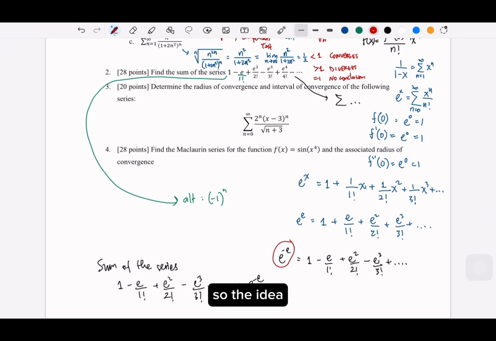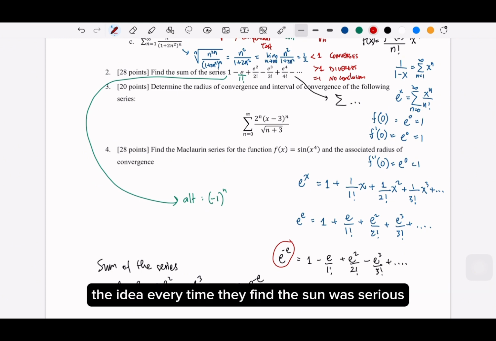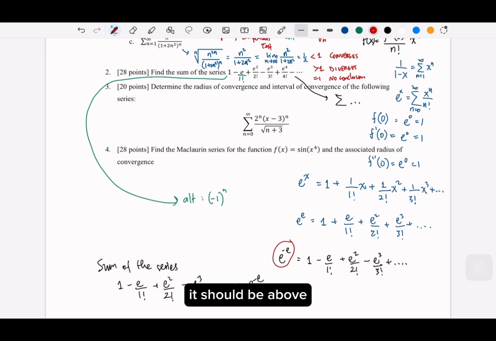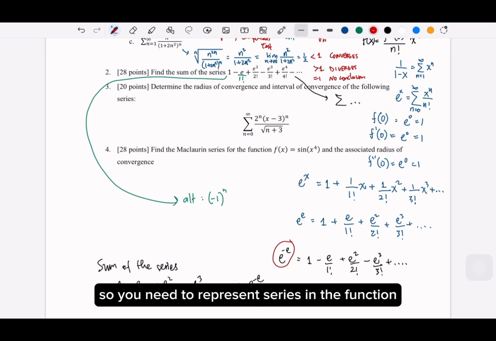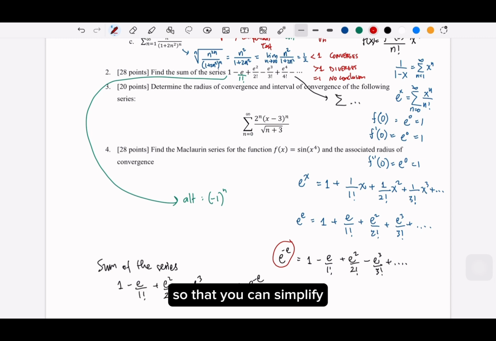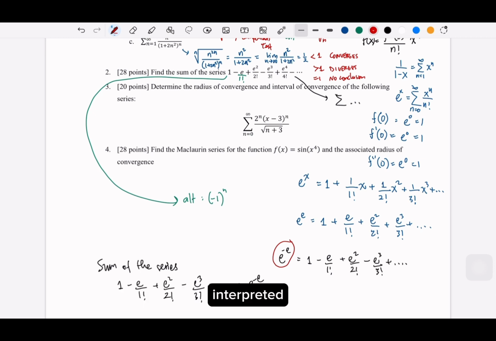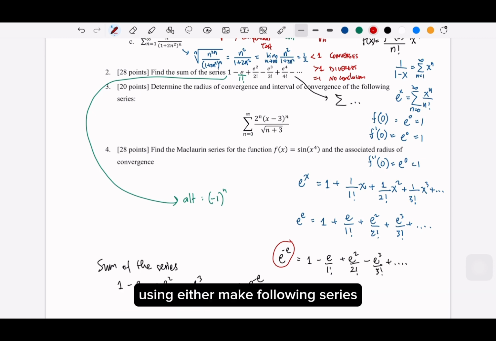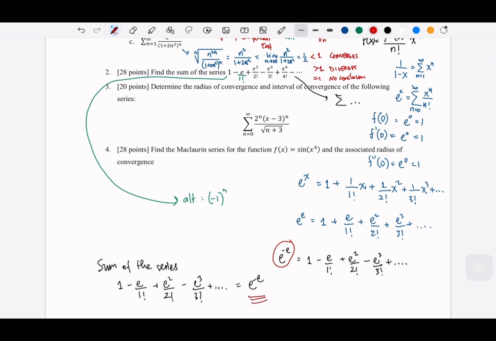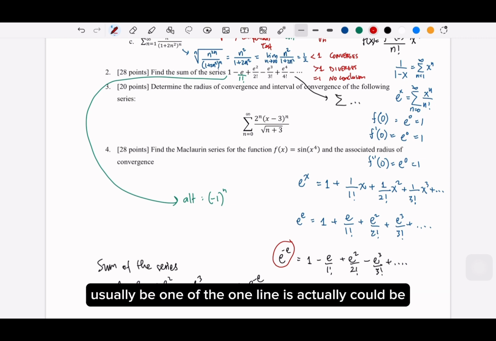So the idea, every time you find the sum of a series, is that it should be about a representation of a function. You need to represent the series as a function so that you can simplify the whole series into one single function that can be interpreted using either the Maclaurin series or usually 1 over 1 minus x. It could be defined in other functions as well.